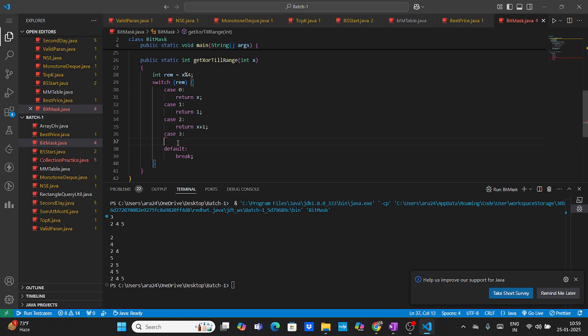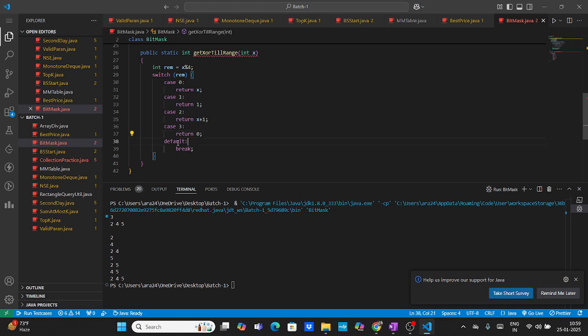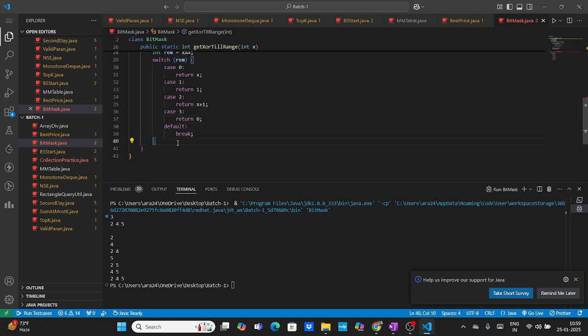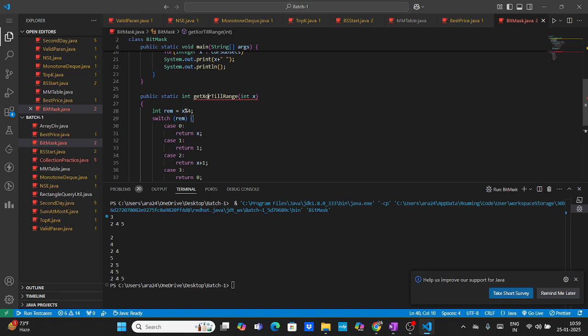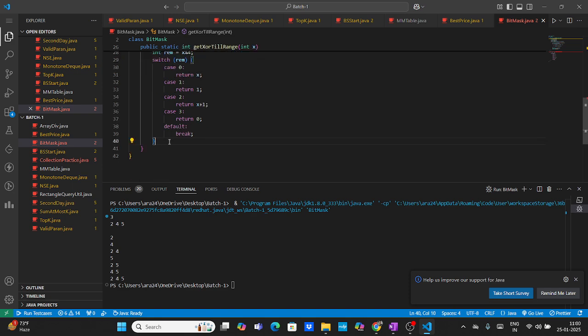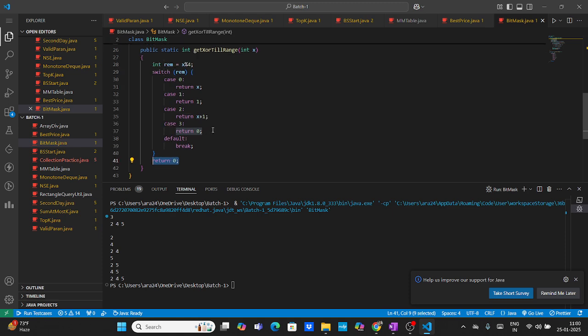Case 3, zero. It will never happen, right? This will never go there because every time it will follow one of these. In fact, you can remove this also.